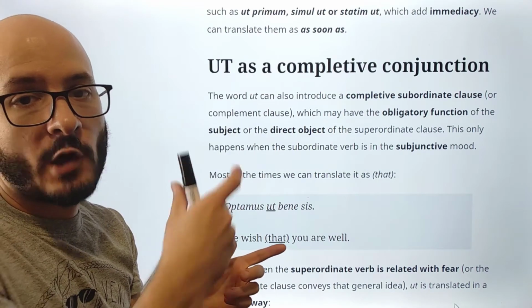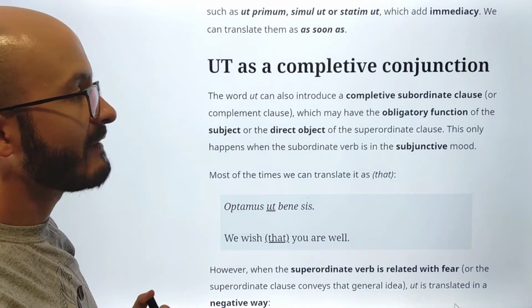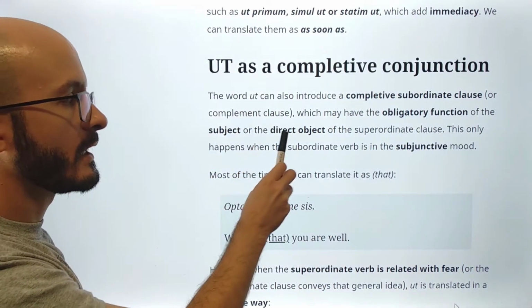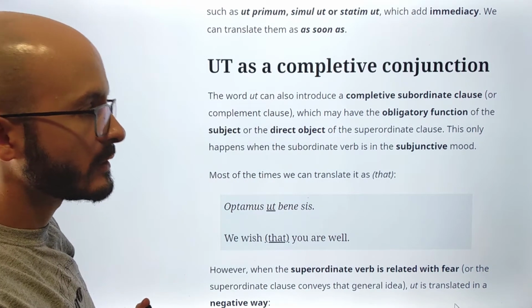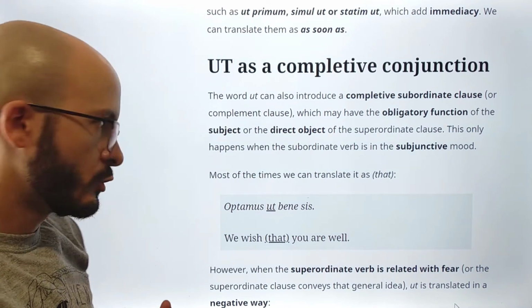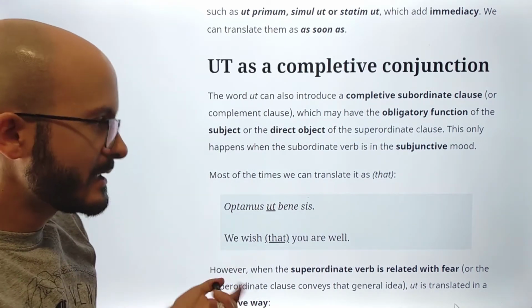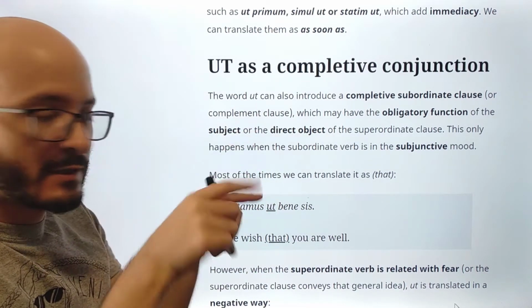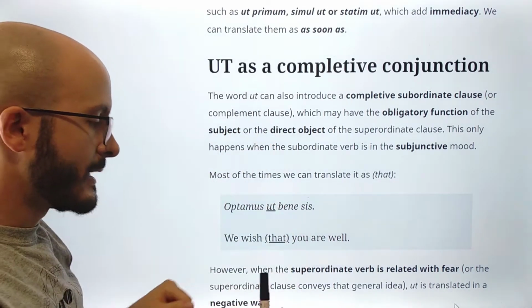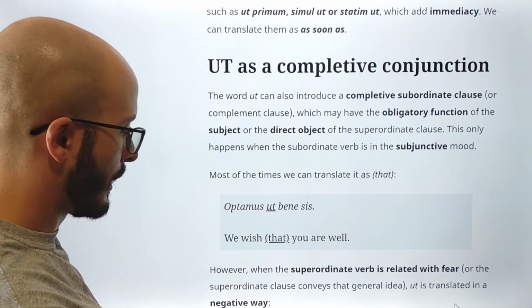It can be the direct object or the subject, which may have the obligatory function of the subject or the direct object of the superordinate clause. This only happens when the subordinate verb is in the subjunctive mood. Most of the times we can translate it as that within parentheses because in English, as I already said, you can just omit it, no? We wish that you are well or we wish you are well.